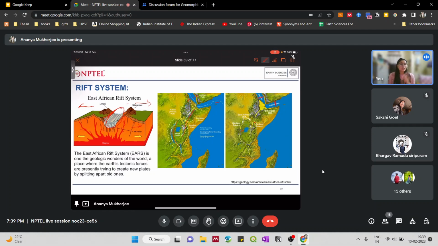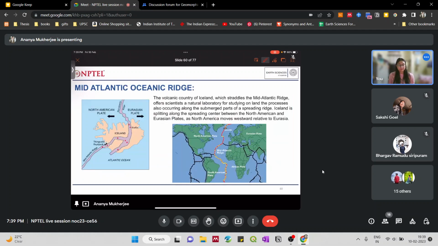So this is due to the divergent plate boundary. Mid-Atlantic Ocean ridge, as I said, is because of the divergent plate boundary existing between two oceanic plates, or maybe two continental plates which also have oceanic plates attached to them. You see that the MOR is actually traversing across most of the Atlantic Ocean.